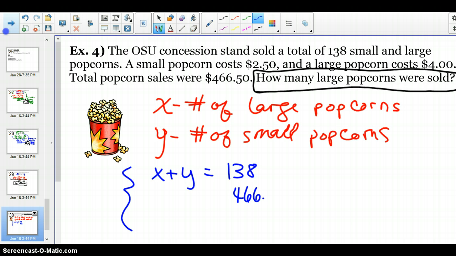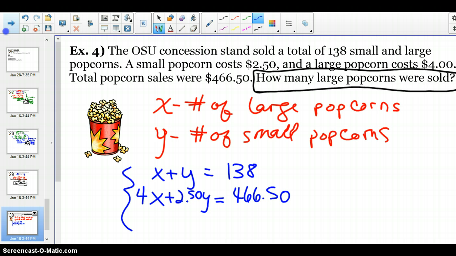So you have to ask yourself, how can I use that piece of information in terms of x and y? Well, the cost for each small popcorn is $2.50, and the cost for each large popcorn is $4. So the cost for my large popcorns is 4x, and the total cost for my small popcorns is 2.50y.